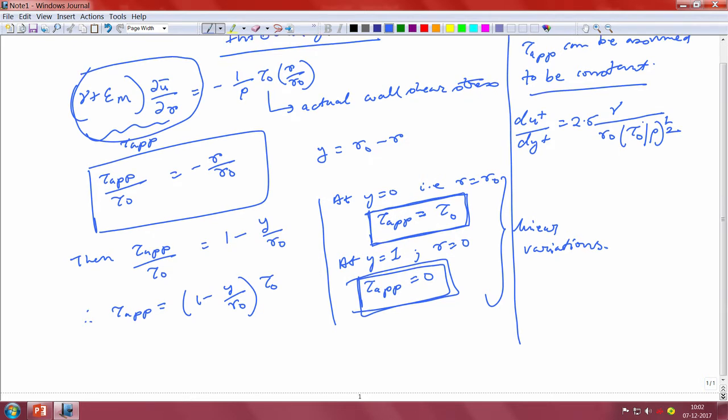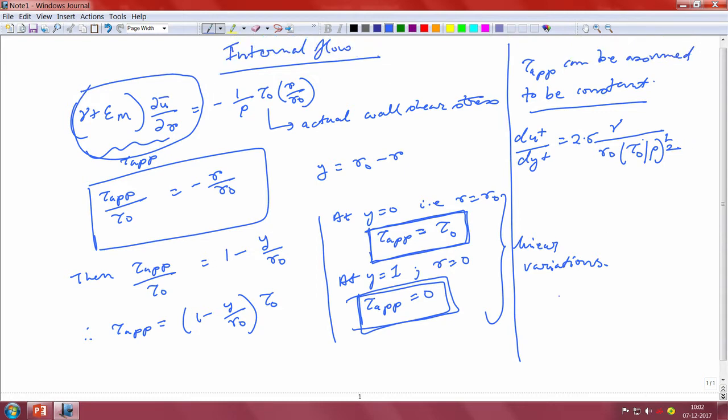Now you know what your profile is going to be. Let us push this back a little. So, that is what you get, and this is when evaluated at y equal to r naught, this is the profile that you get.